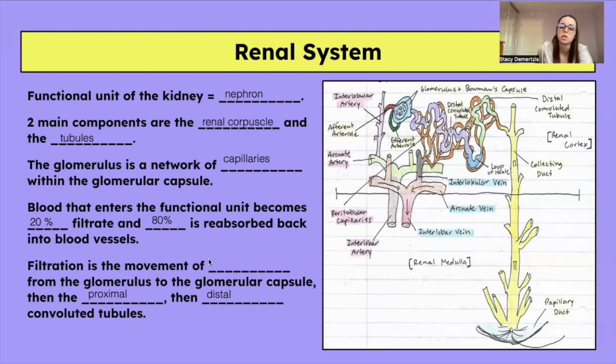Think about what filtration is. It's the movement of something from the glomerulus to the glomerular capsule. What is moving during filtration?